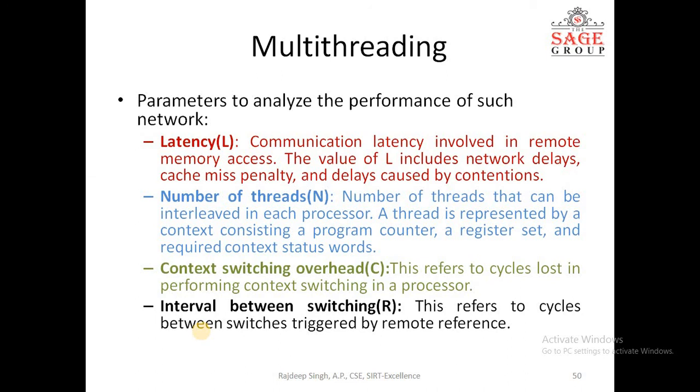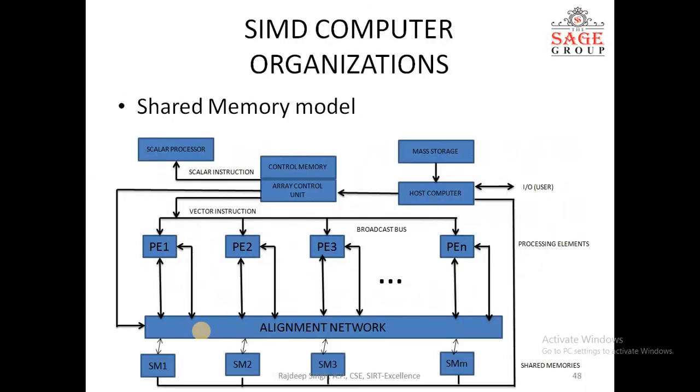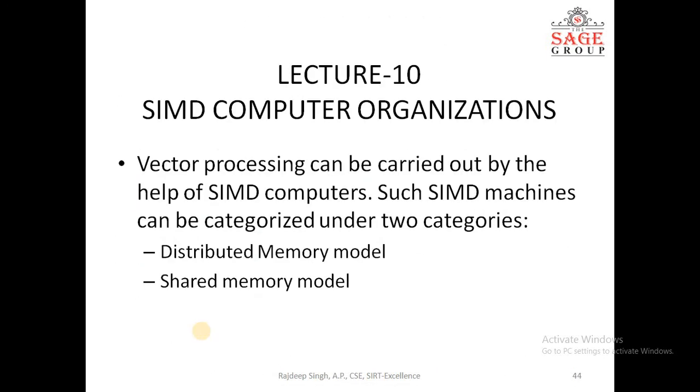So what we have learned today is SIMD computer organization. What is SIMD computer organization? Actually, to perform vector processing, SIMD computers, or SIMD machines, are used. Two different types of machine we are going to study: the distributed memory model and the shared memory model.